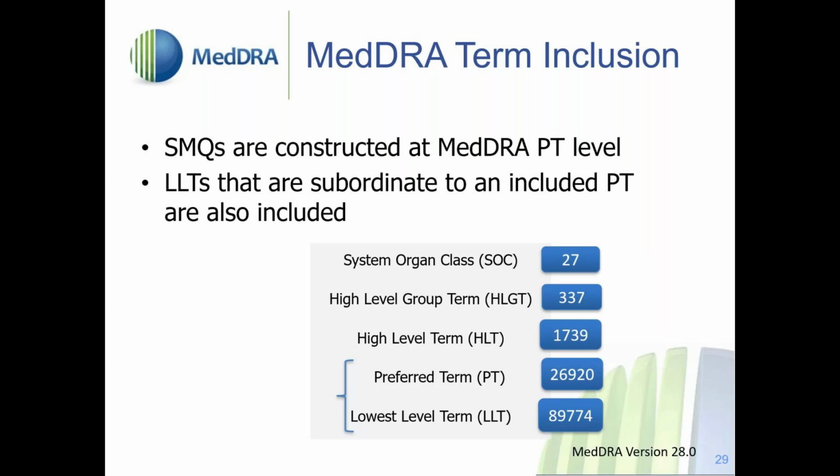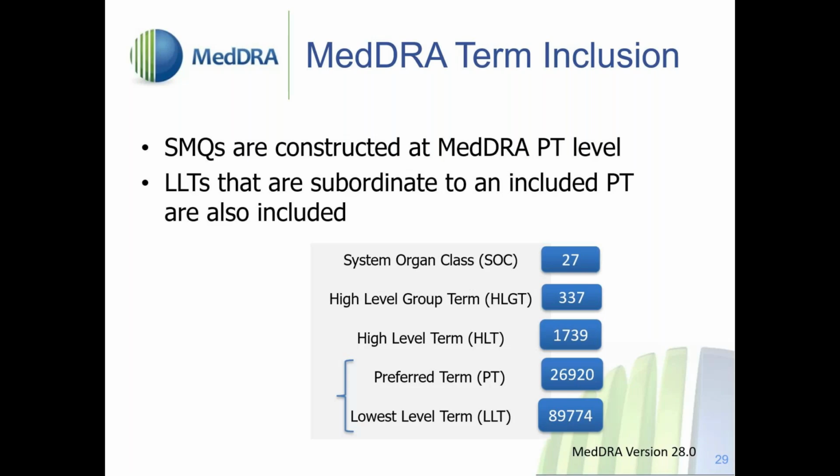So one of these LLTs is chosen to be repeated at the PT level. And in the example that I told you, that would be abdominal pain. So you see abdominal pain at the LLT level, and you see abdominal pain at the PT level, but the numbers have constricted. So you go from about 90,000 at the LLT level to about 27,000 at the PT level.